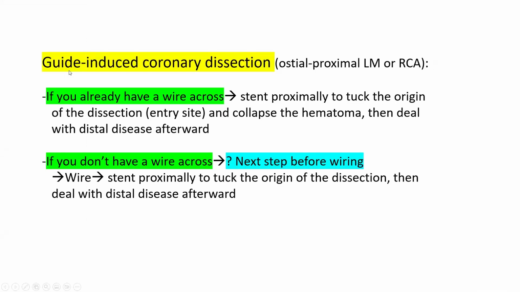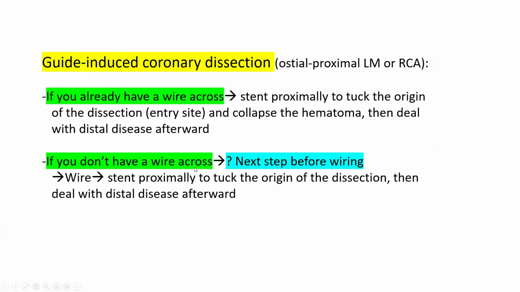Now, once you have a guide-induced coronary dissection, whether of the left main or the RCA, what do you do next? There are two different scenarios. If you already have a wire across, then stent proximally to tuck the origin of the dissection, the entry site, and to collapse that hematoma, then deal with the distal disease afterward.